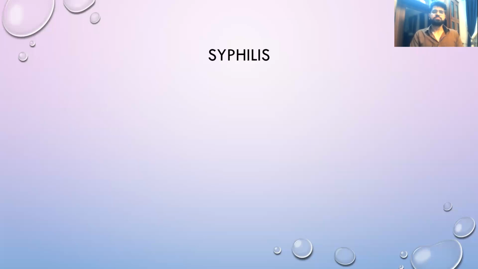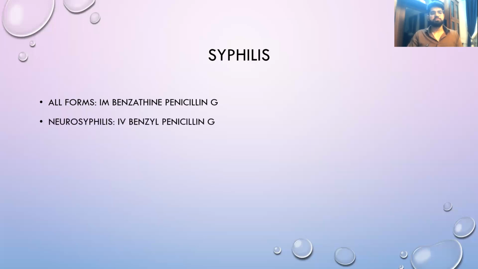The next thing, syphilis. Syphilis, we have all heard penicillin, penicillin, penicillin. All forms of syphilis, we go for penicillin. It's typically an intramuscular form. It's only in neurosyphilis that we actually go for an IV form, benzyl penicillin G. What if pregnant? Sorry, penicillin is not problematic in pregnancy.